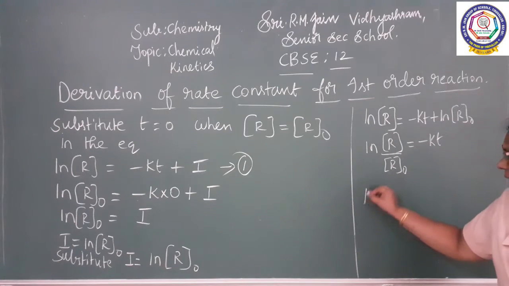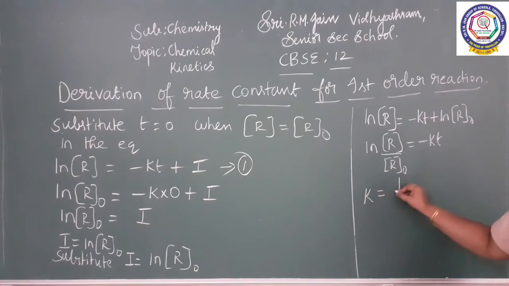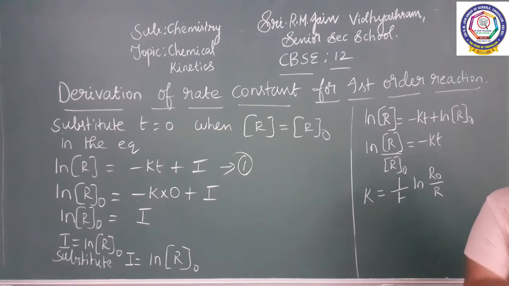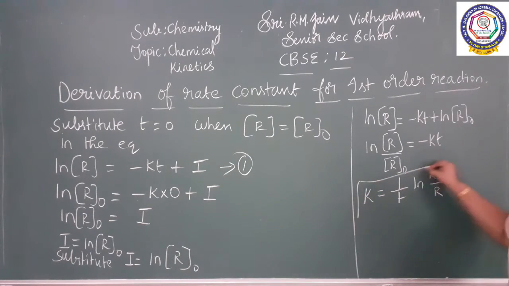From here, K is equal to 1 by t into ln R naught by R. So from this we are going to calculate the rate constant K, that is equal to 1 by t into ln R naught by R. So this is the equation I got.